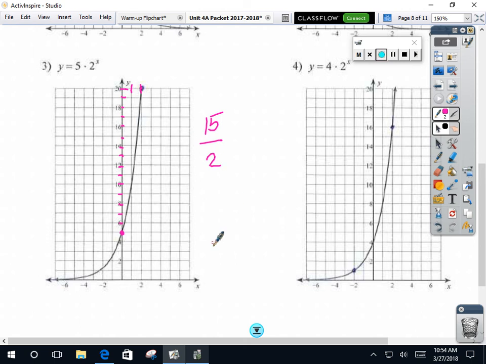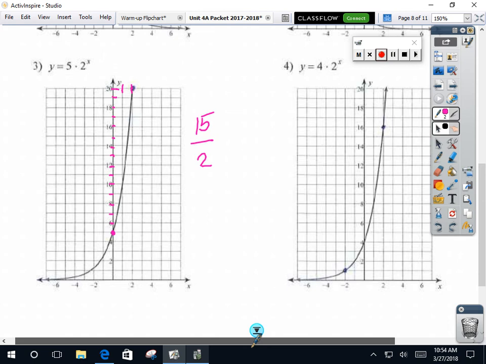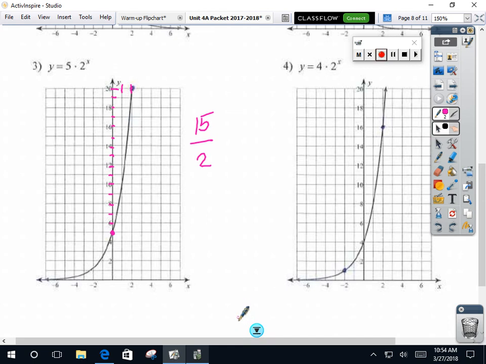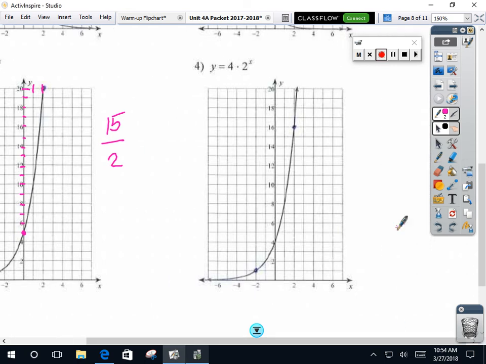So it's an average rate of change of 15 over 2. They've given you the points. This one's a growth, so it's positive because it's going up. Just like with a linear equation, lines that are going up have positive slope, lines that are going down have negative slope. Number 4, try this one by yourself.